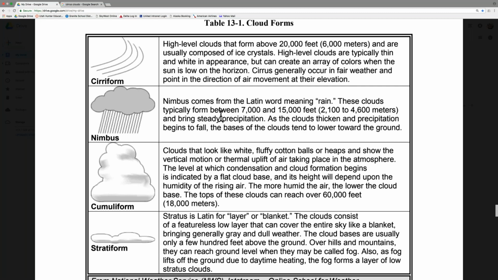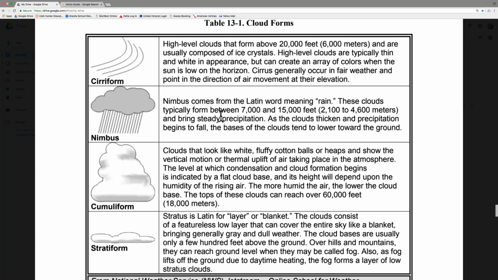Cumuliform clouds are the big old fluffy cotton balls. Okay. Vertical motion, it shows the vertical motion or thermal uplift of air taking place in the atmosphere. The level at which the condensation and cloud formation begins is indicated by a flat cloud base, and its height will depend on the humidity of rising air.